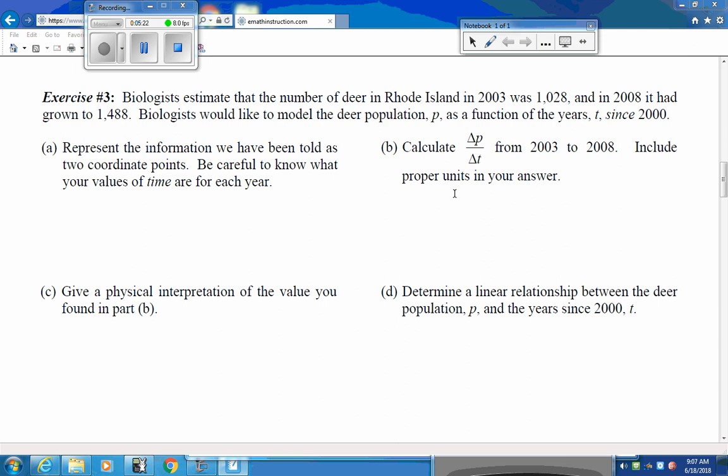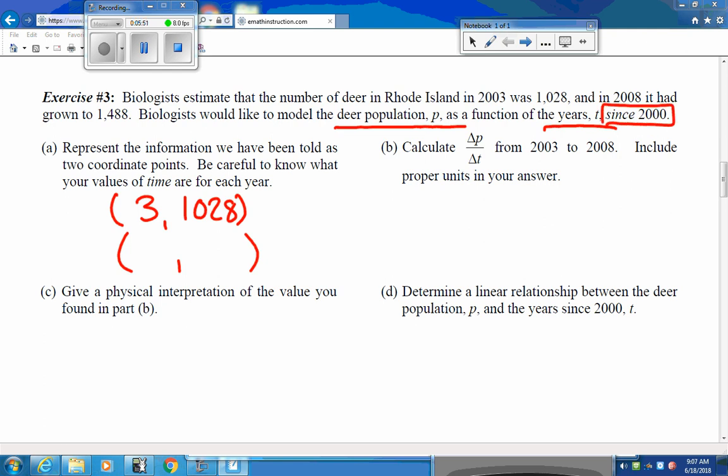They want to model it using P for population and T for time since the year 2000. I'm first going to write down coordinates. The first point would be (3, 1,028). You're probably saying, hey, why isn't it 2003? Well, it says years since 2000, and 2003 is 3 years after. For 2008, it's going to be (8, 1488).